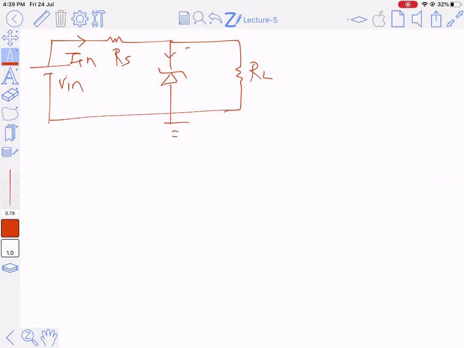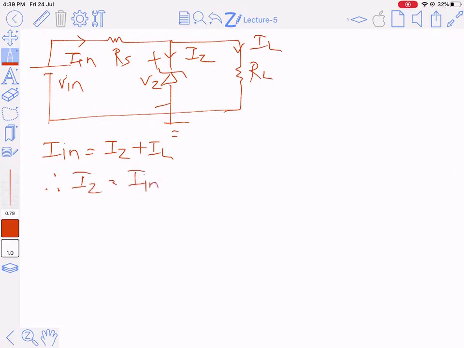This current is IZ, this current is IL. Voltage across the Zener is Vz. The first relation I write is In is nothing but IZ plus IL. Therefore, IZ is nothing but In minus IL.